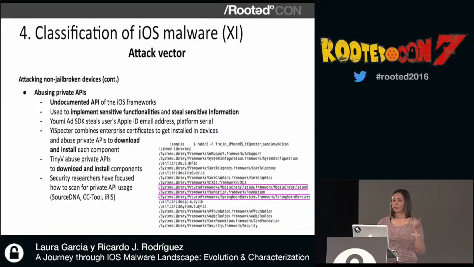It has three components. The very first component is installed with the provisioning profile, distributed through certificates. The second one calls the mobile installation framework to launch the next component. Then it used SpringBoard services to detect what applications are running at the moment, and it executed the one which had been recently installed.